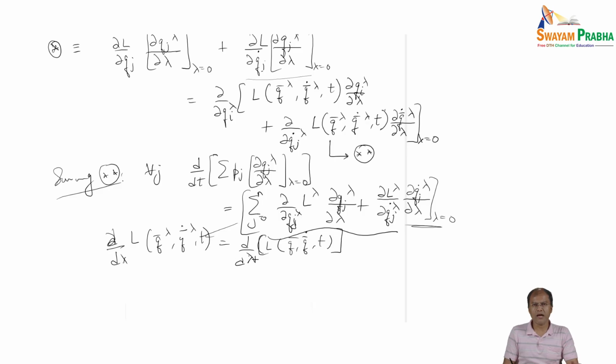So the Lagrangian is invariant under the map m_lambda, and we have that this is 0.